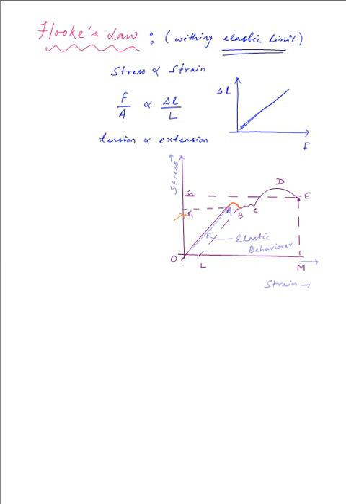Now if the wire is loaded up until the point B, it won't be able to recover its original shape. As a result, there will be a permanent extension. This is the region of permanent extension.